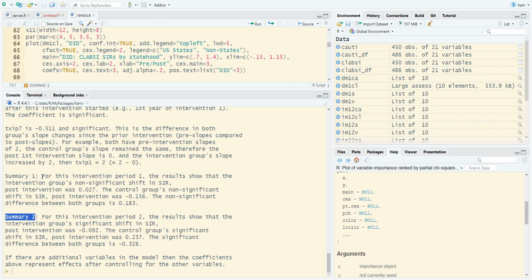For this, we'll start with summary 1. For this intervention period 1, the results show that the intervention group's non-significant shift in SIR post-intervention was 0.027. The control group's non-significant shift in SIR post-intervention was negative 0.516, and the non-significant difference between both groups is 0.183. So there was a shift, but not a significant shift within that period.